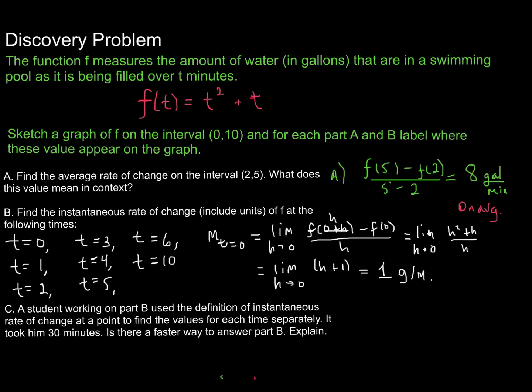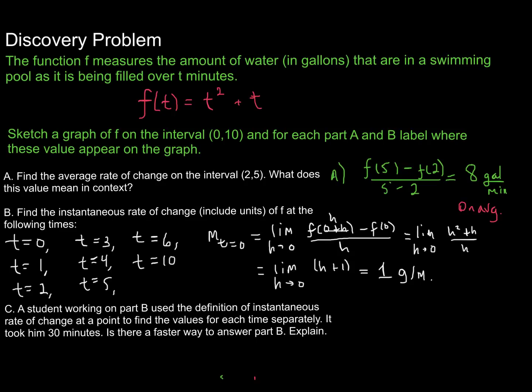And so in part C, hopefully you sympathize with the student who took 30 minutes to calculate the instantaneous rate of change at each of these times separately. And you thought about what we could do so that we didn't have to take the instantaneous rate of change using the limit definition over and over again.